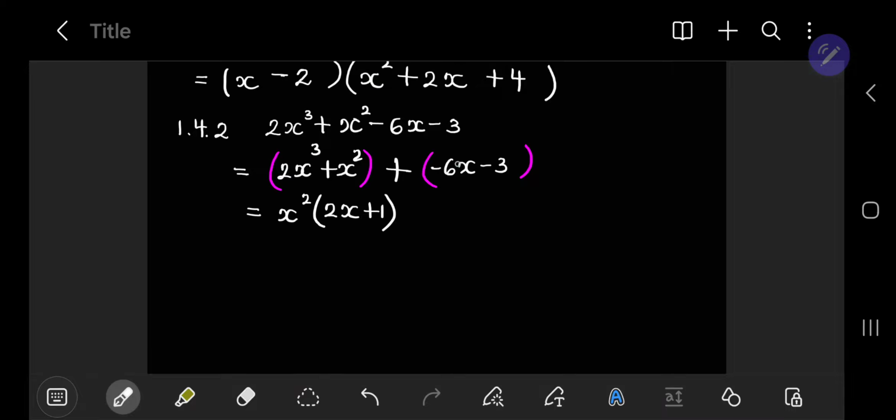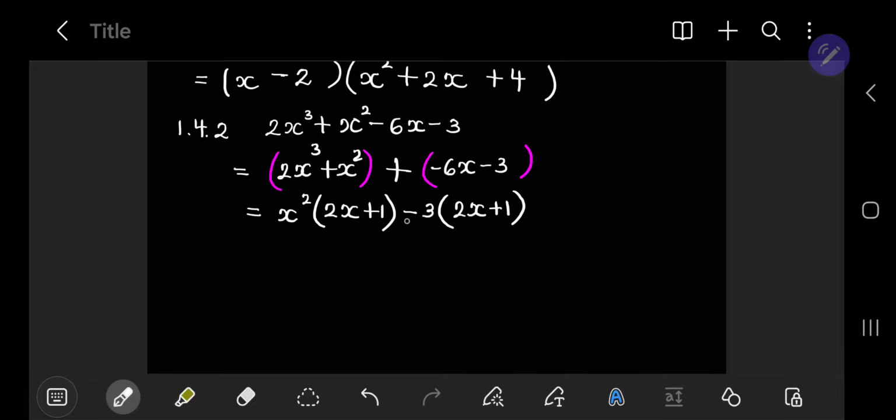In the second bracket, what's common between both terms is negative 3. So notice that both terms are negative, so we can pull out the negative, and both terms can be divided by 3. What we'll be left with in the bracket will be 2x plus 1. Now, if you are not sure, why is it 2x plus 1? Whatever you've pulled out as your common factor, you can divide by that.